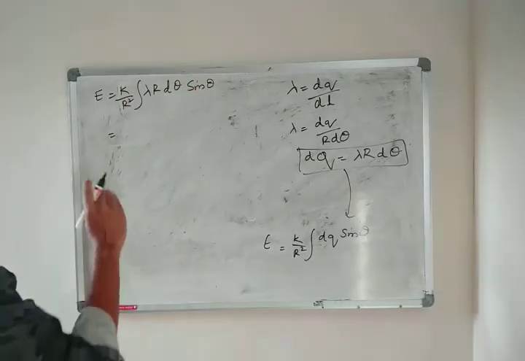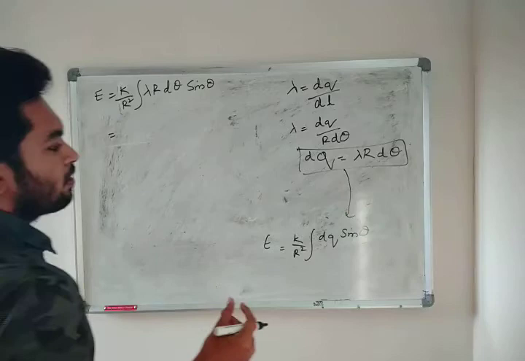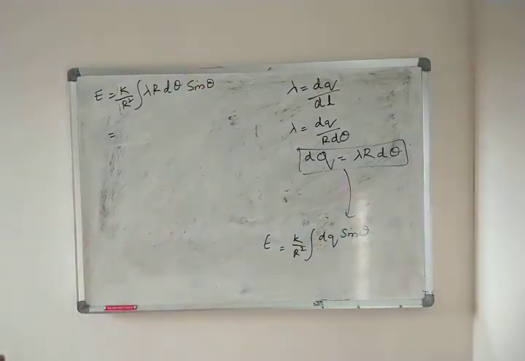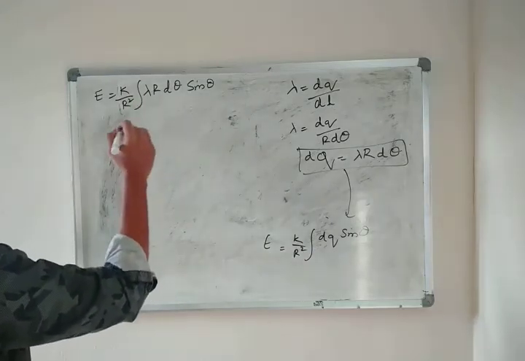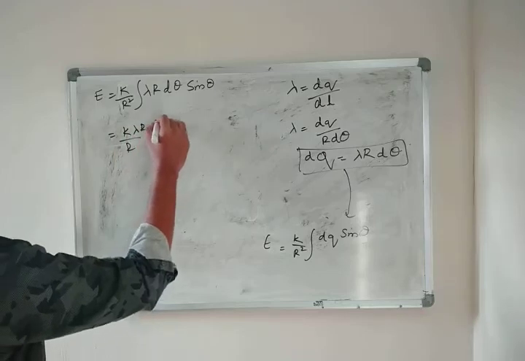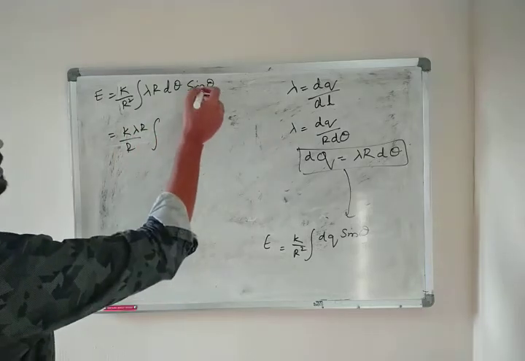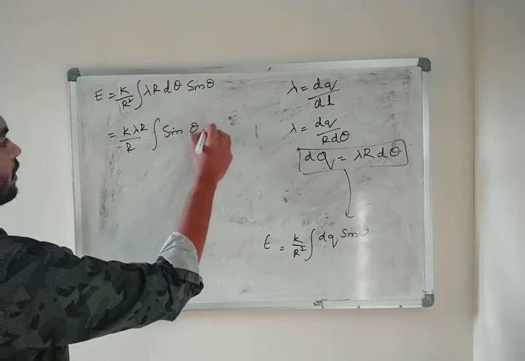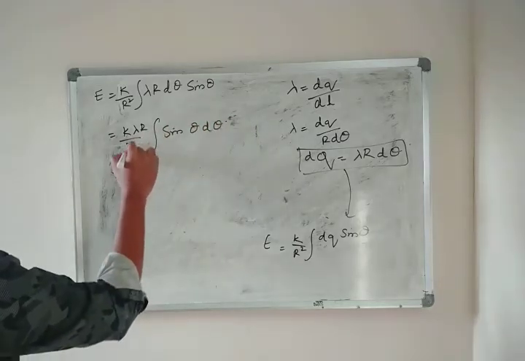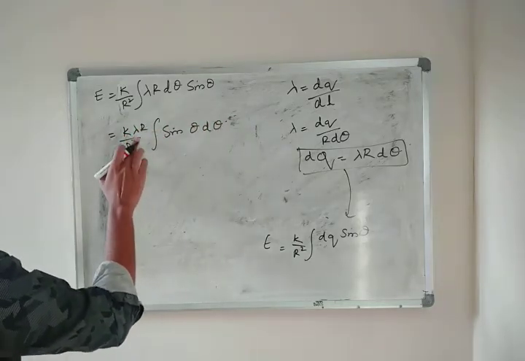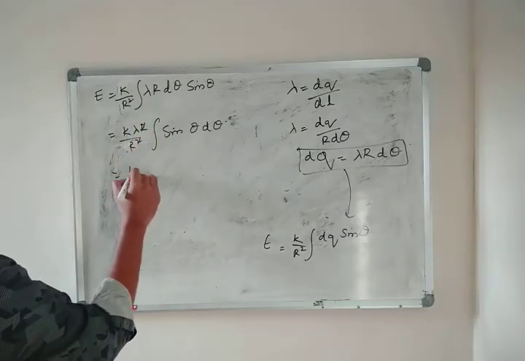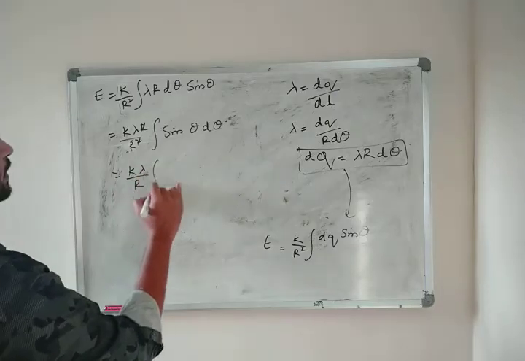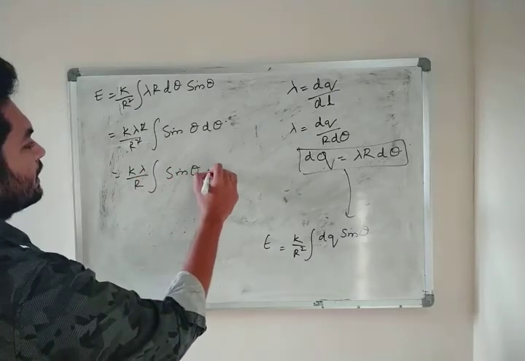Here again lambda and r are both constants, so r into integral sin theta d theta is over r square. So one r gets cancelled. So k lambda by r integral sin theta d theta.